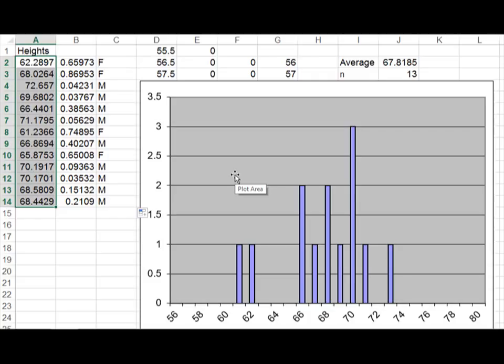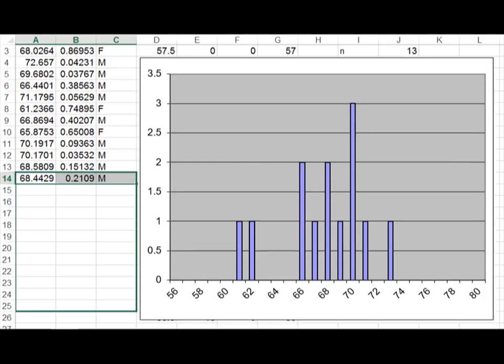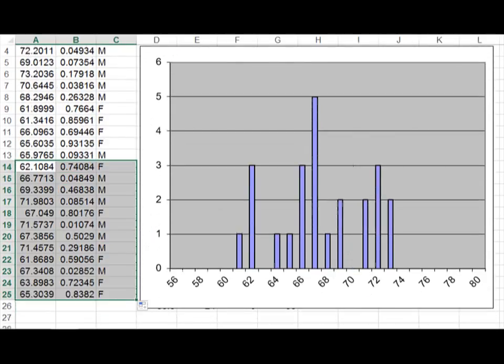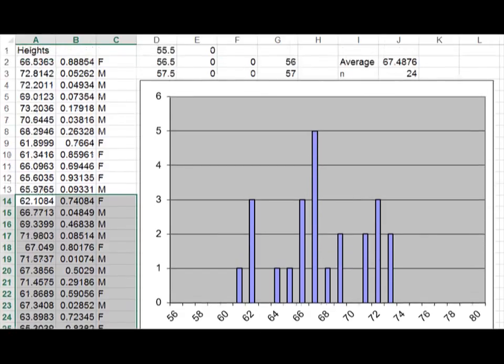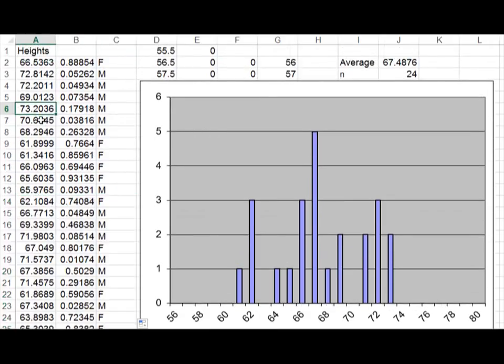Now, in the process of sampling and making inferences about our population, the process of inferential statistics that we're just starting, when we get a sample of data, we've got 13 values here, and for illustration's sake, I'm going to stretch that out a little bit further. So now we've got 24 different data points, randomly selected males and females, and then I've got a function built into Excel that creates heights for them.